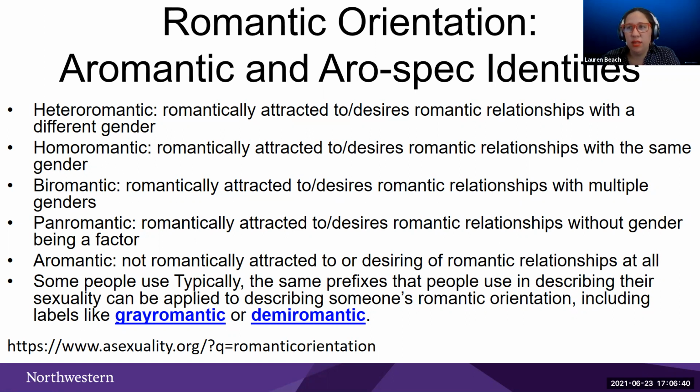And these definitions tend to follow those definitions of heterosexual, gay, lesbian, bisexual, pansexual that we saw earlier. But rather than having the sexual part of that as the suffix, it's romantic, because the dimension of attraction being referenced in the identity term has to do with romantic feelings or romance compared to sexual attraction, if that makes sense.